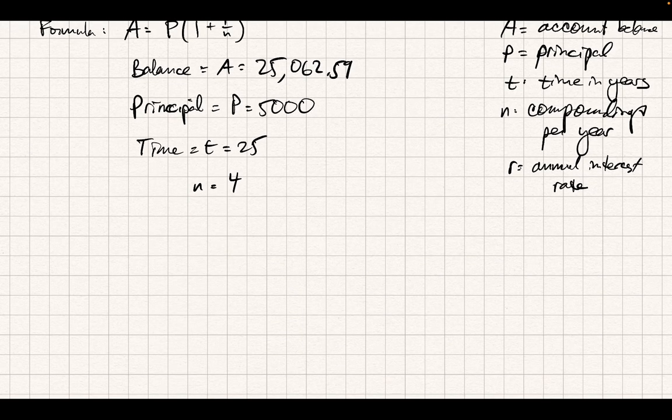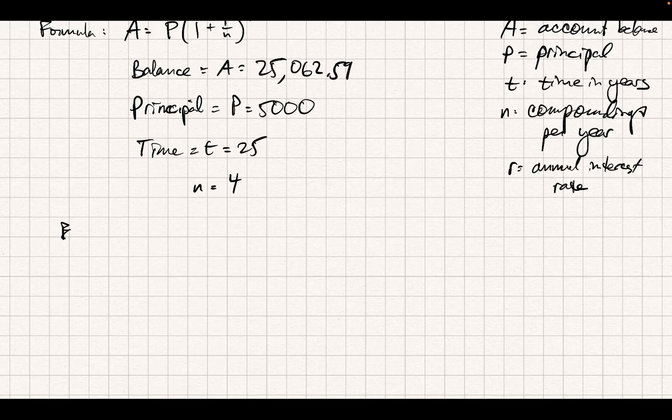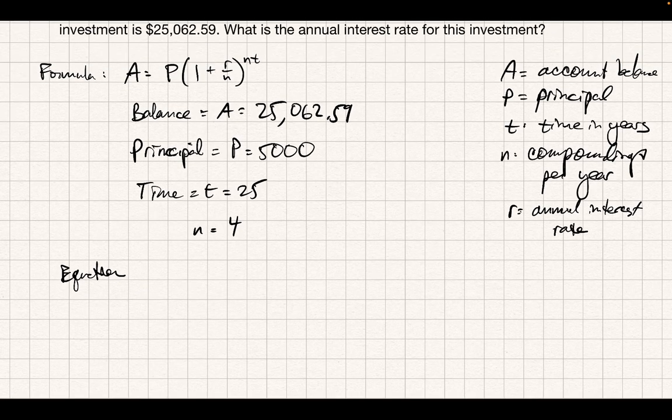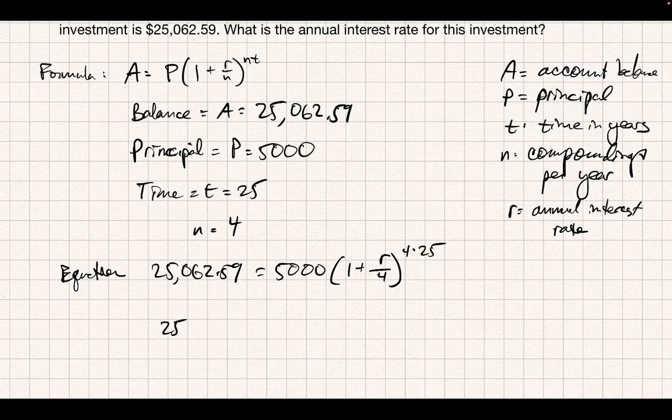What's my equation? 25,062.59 equals 5,000 times parentheses 1 plus r over 4, r is what we're looking for, to the power of 4 times 25, which is 100. So I'm going to divide both sides by 5,000.